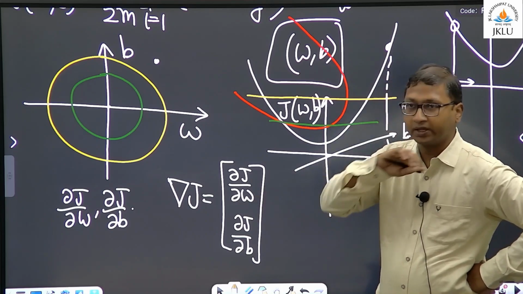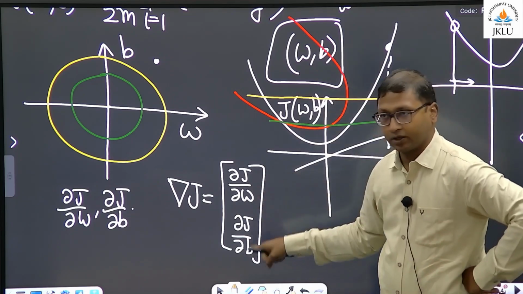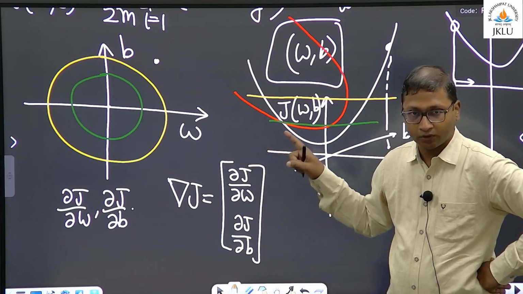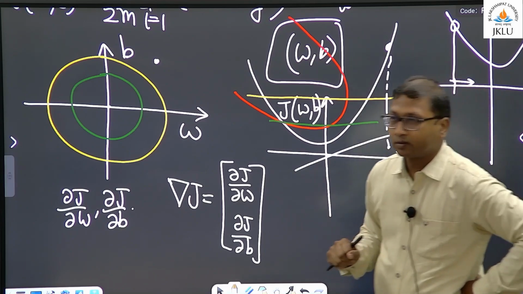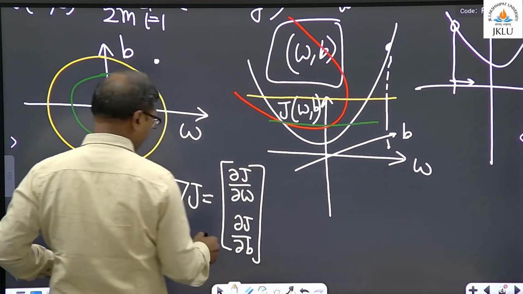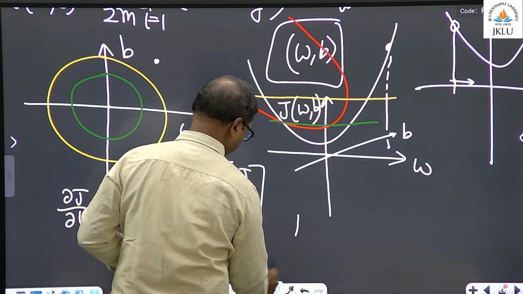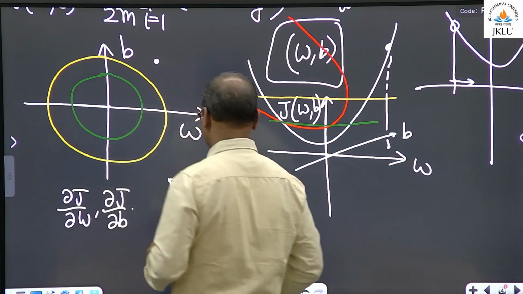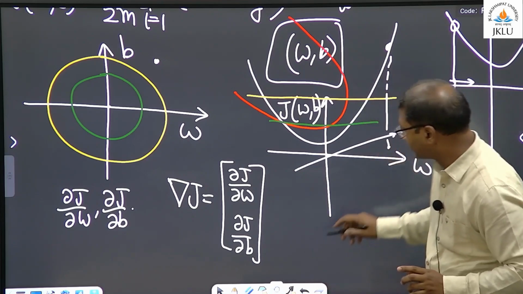What does this look like? So it is a vector now. So my grad J, what will be grad J? And how will my update equations look like? Let us come to them now.